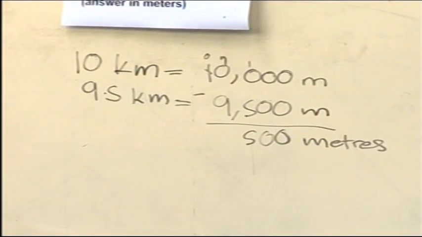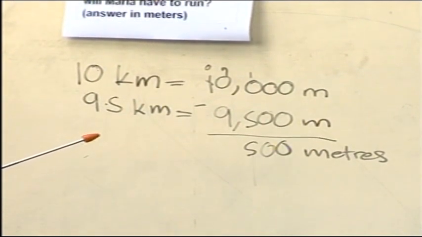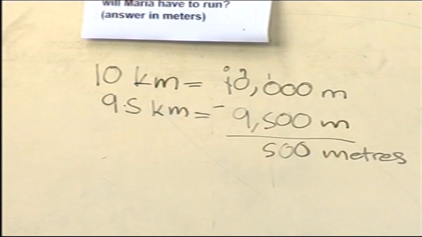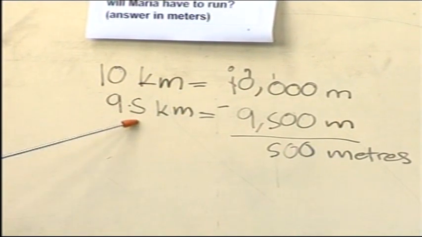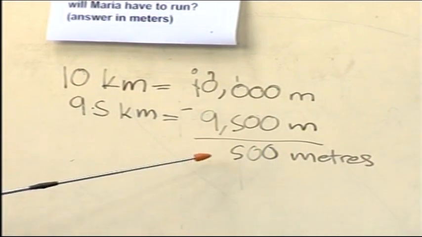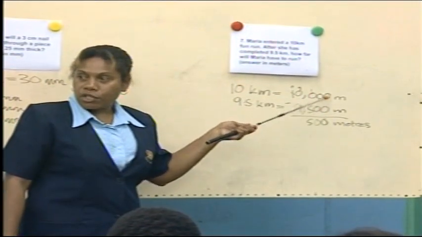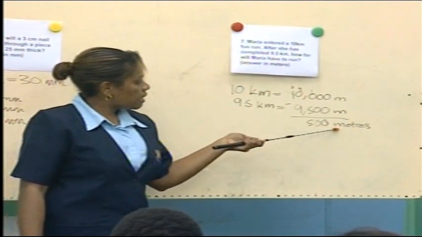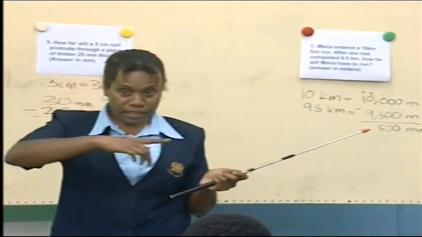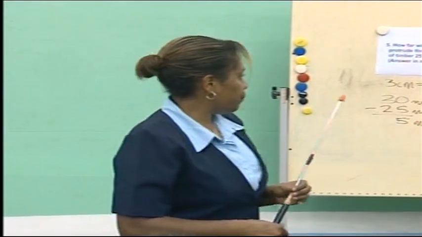How did you get 10,000? 10 times 1,000, which is equal to 10,000. 9.5, change it into meters. 9.5 times 1,000 is 9,500 meters. So I subtract these two. My answer is 500 meters. Maria will have to run 500 meters to complete the 10,000 meter fun run.